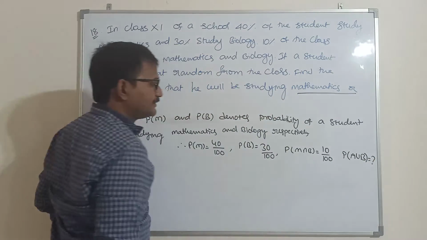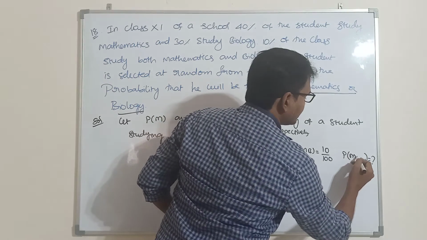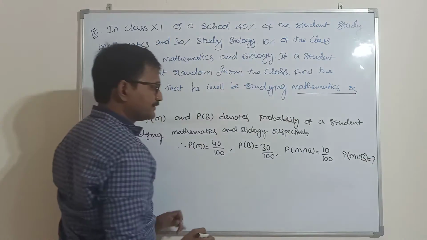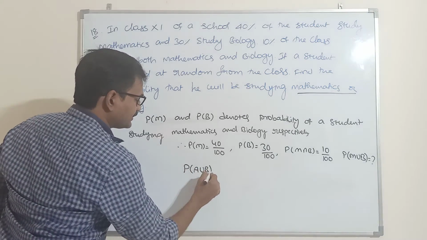Or means union. M union B. So apply the addition theorem on probability.